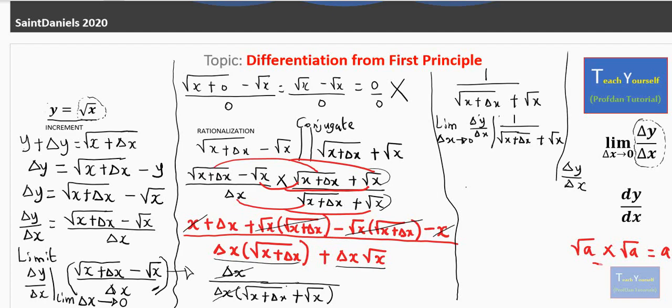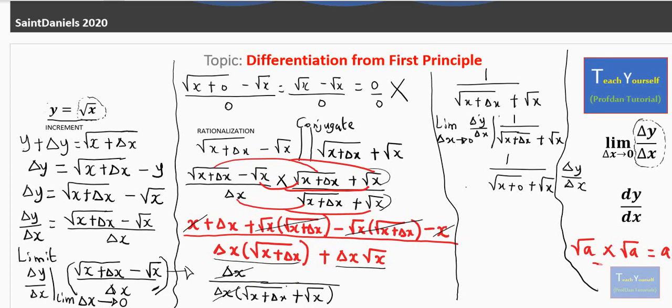So this is our new term. So as we put increment in x to 0, this is going to leave us with 1 over root of x plus 0, plus root of x.